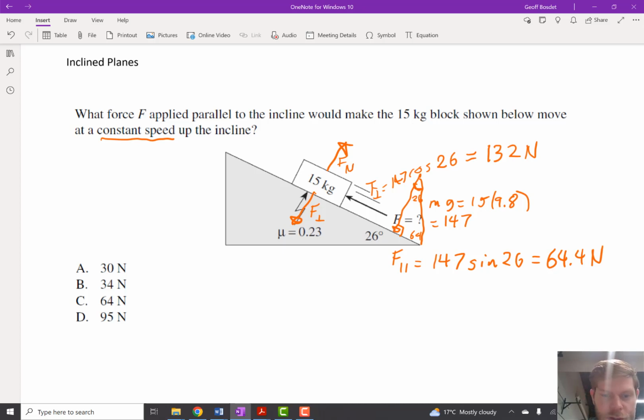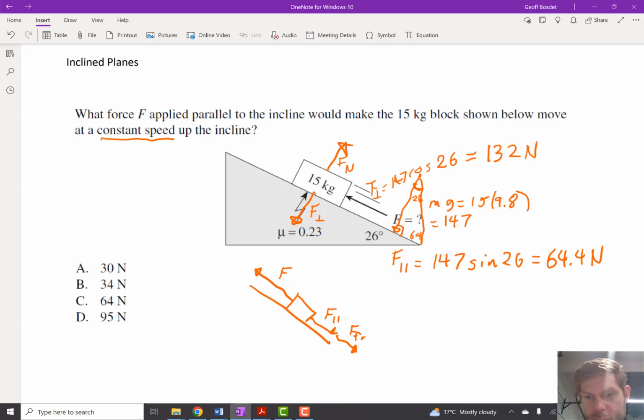But also, all my forces upslope, which in this case, if it's moving upslope, is just my applied force. And downslope, I've got the parallel component of gravity, parallel to the slope, but I'm also going to have friction. Friction will naturally oppose any movement, and since it's moving upslope, friction will work down.